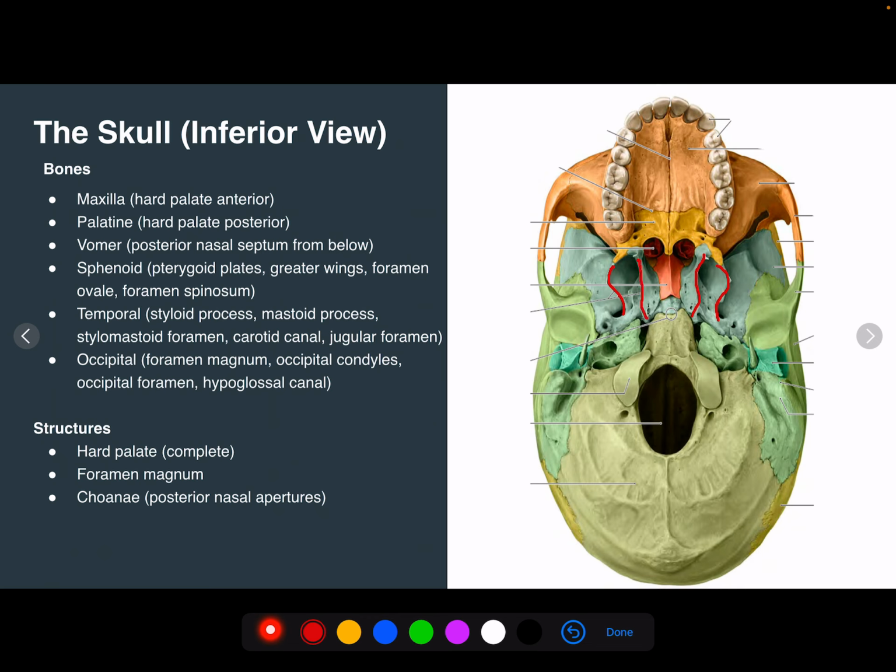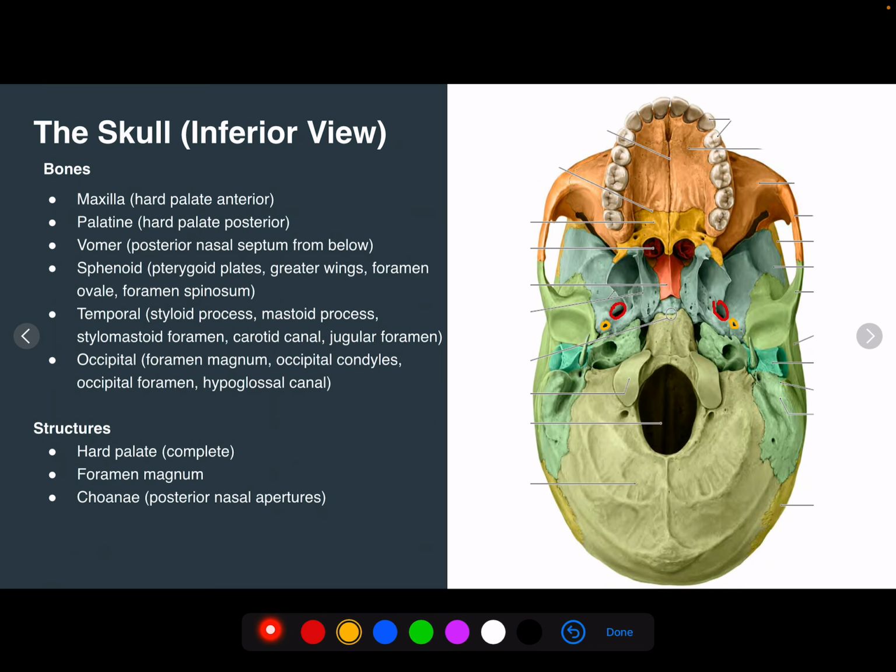Those bony projections are the pterygoid plates of the sphenoid bone. We have our greater wings that we talked about before. And then we have our foramen ovale, our oval-like structure, and our foramen spinosum.